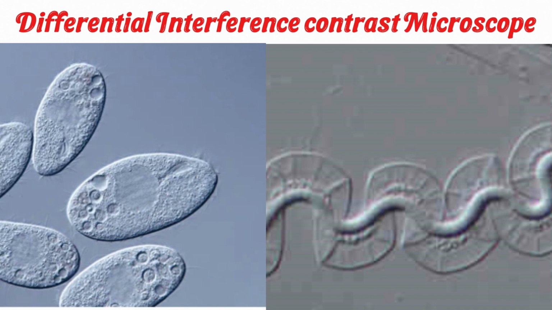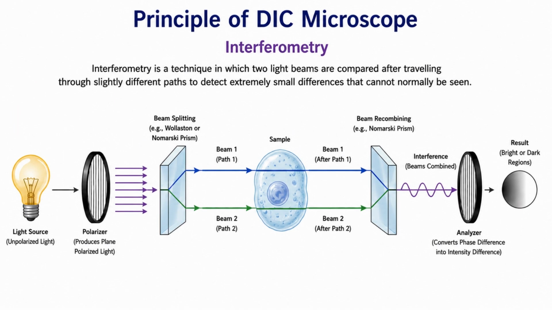It is only an optical illusion produced by light and shadow and does not represent the actual height or depth of the specimen. The principle of the Differential Interference Contrast microscope is based on interferometry. Interferometry is a technique in which two light beams are compared after traveling through slightly different paths to detect extremely small differences that cannot normally be seen.